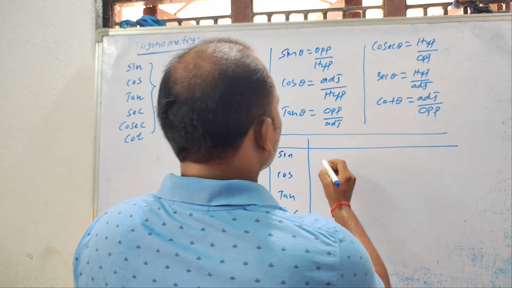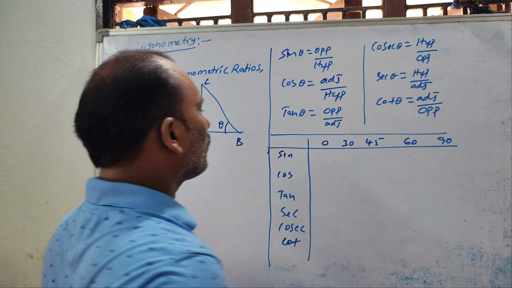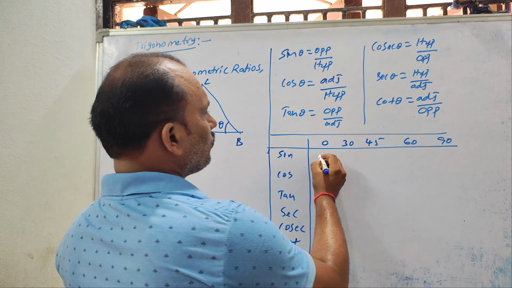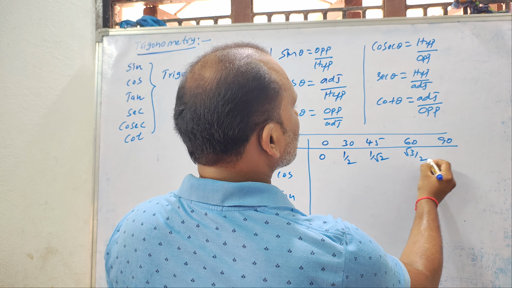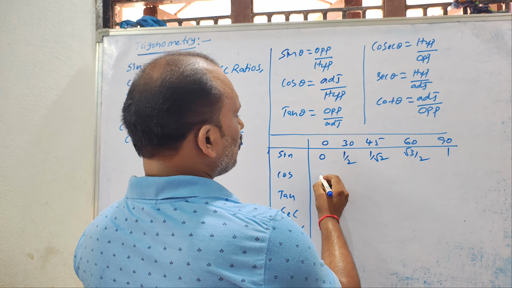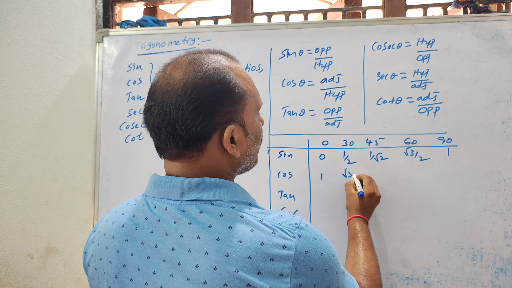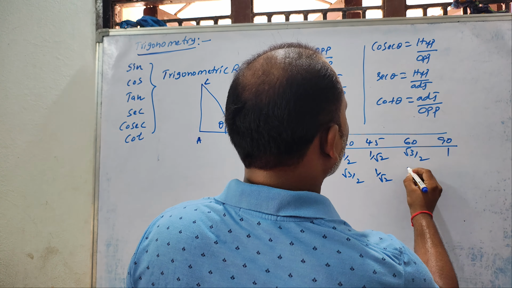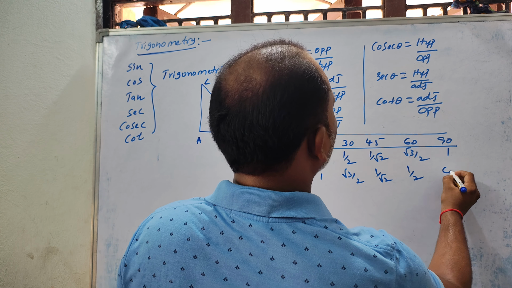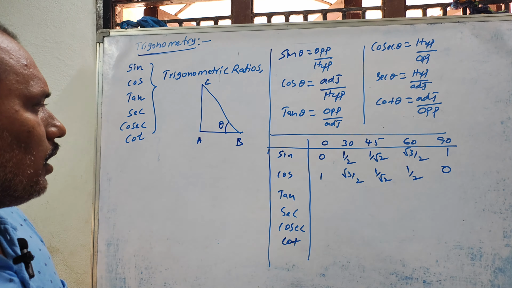So sin 0, sin 30, sin 45, sin 60, sin 90. Sin 0 is 0, sin 30 is 1 by 2, sin 45 is 1 by root 2, sin 60 is root 3 by 2, sin 90 is 1. Cos 0 is 1, cos 30 is root 3 by 2, cos 45 is 1 by root 2, cos 60 is 1 by 2, cos 90 is 0.